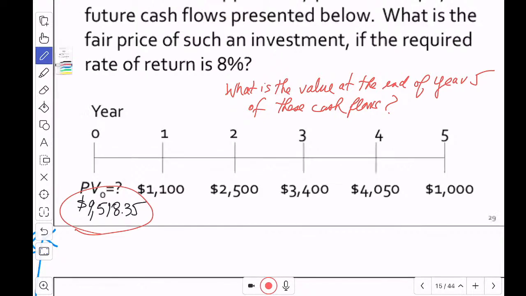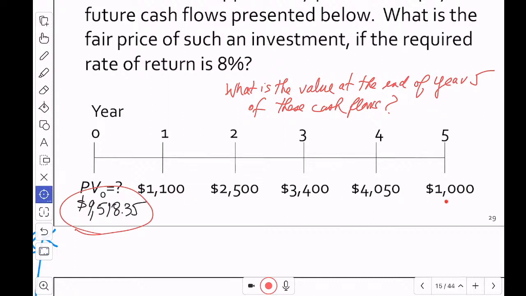Where this is an initial cash flow, no, let's not do it like that. We'll just say these cash flows here.